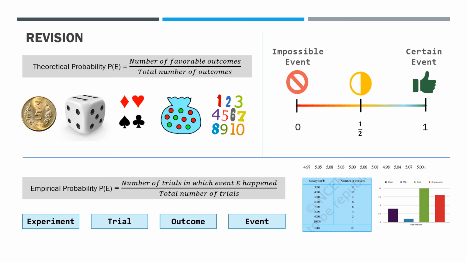And I've shown this visually that typically in the tests and examinations, you will get problems of a coin or a die or multiple coins, multiple dice, or playing cards, or we didn't cover this, but sometimes you'll also get problems related to a bag.